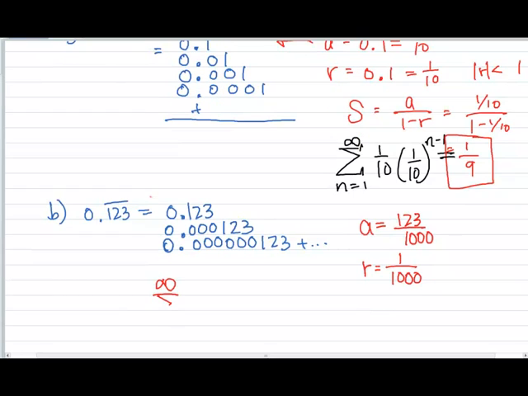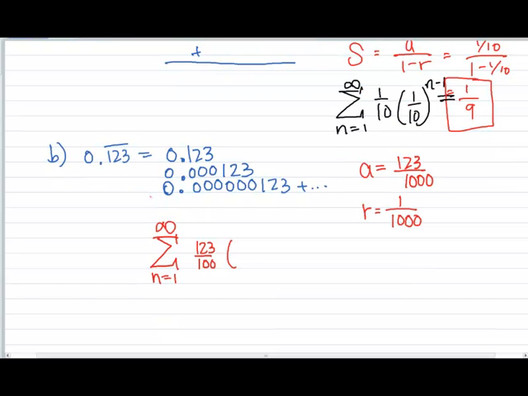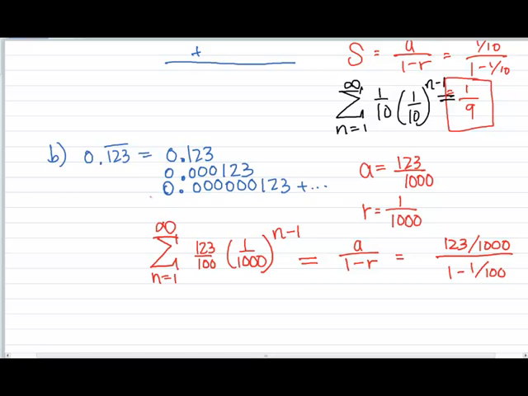So I'm going to lead this time with the series and summation notation. This is going to be a times r to the n minus 1 power. All you do is plug it in. Now this is going to equal a over 1 minus r in terms of calculating the sum. So that's 123 over 1,000 over 1 minus 1 over 1,000. So we can simplify this, and we end up with 41 over 333.